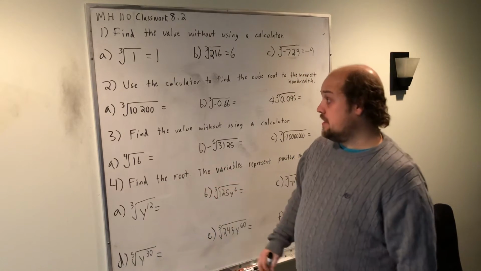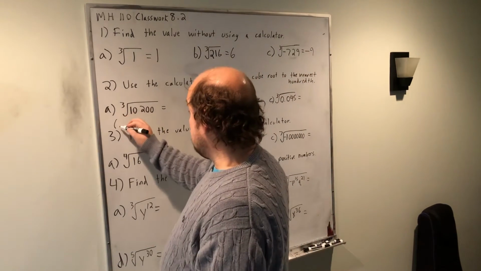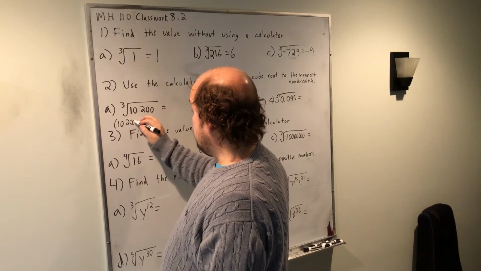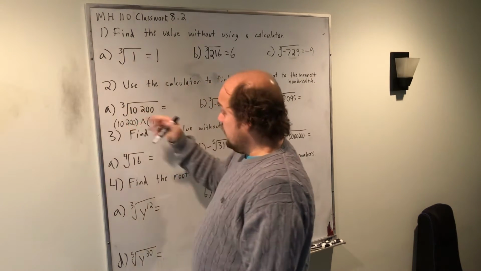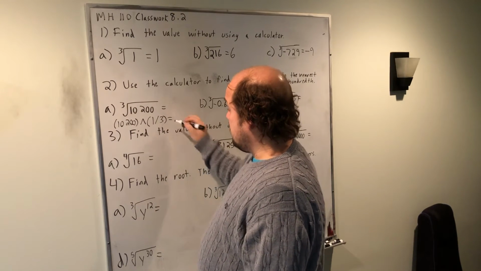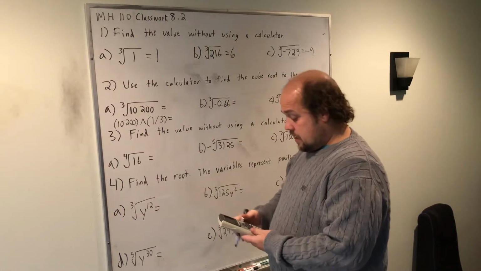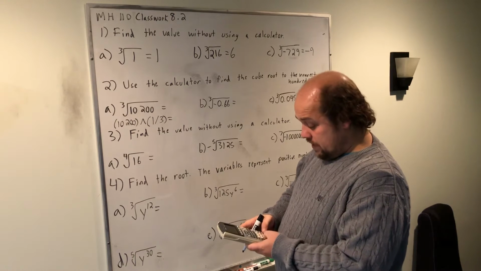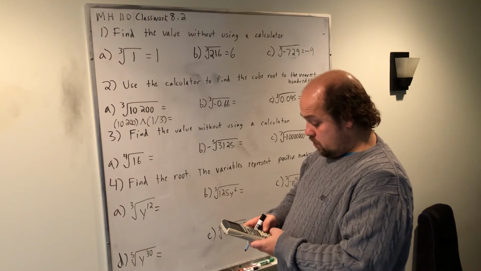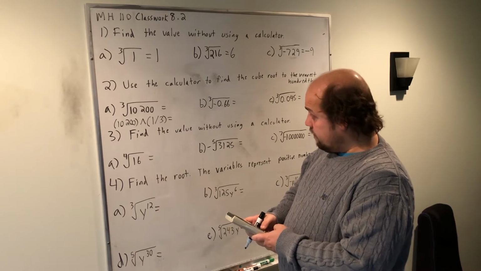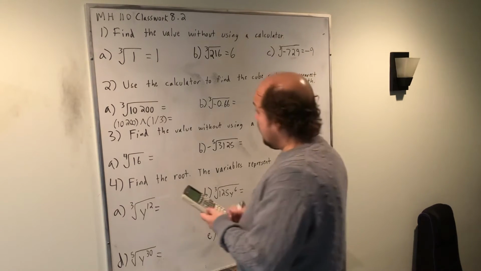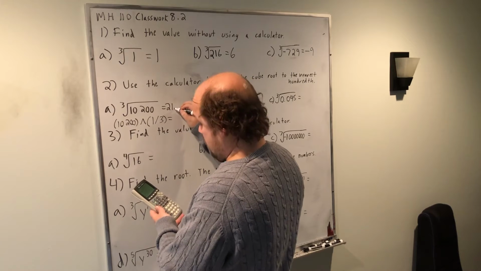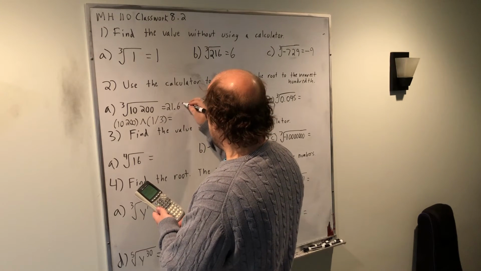The way that I like to see it is by doing parentheses 10,200 parentheses to the power of 1 divided by the root number. In this case, since it's a third root, it's to the power of 1 divided by 3. If I put that into my calculator, parentheses 10200, parentheses, to the power of parentheses 1 divided by 3, and parentheses, I get an answer of 21.687.